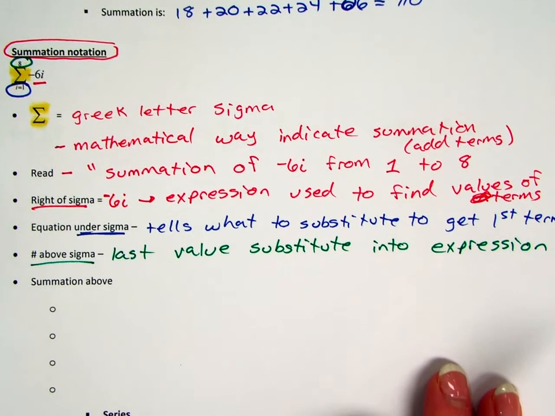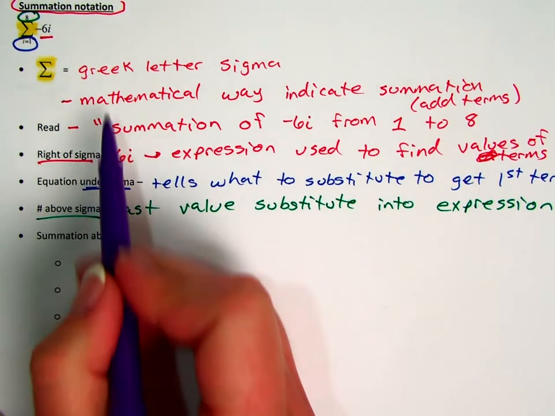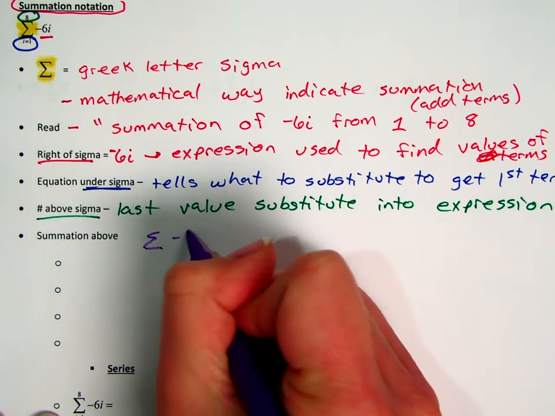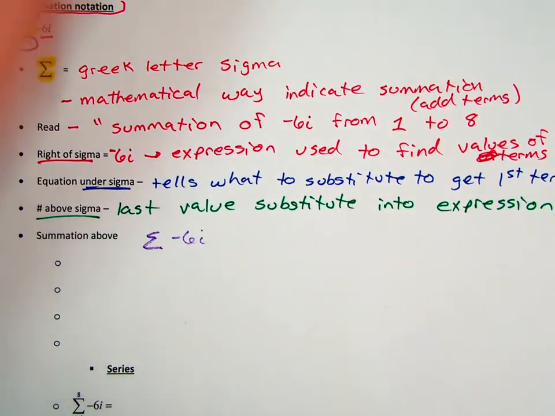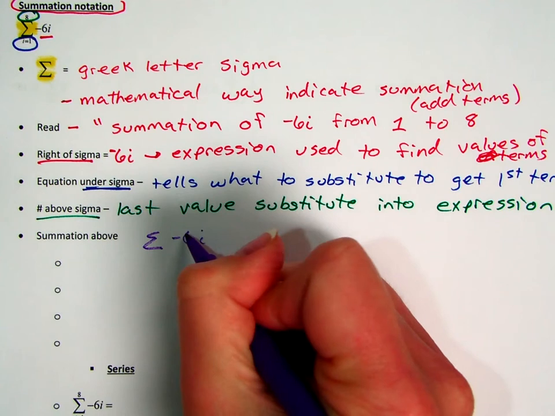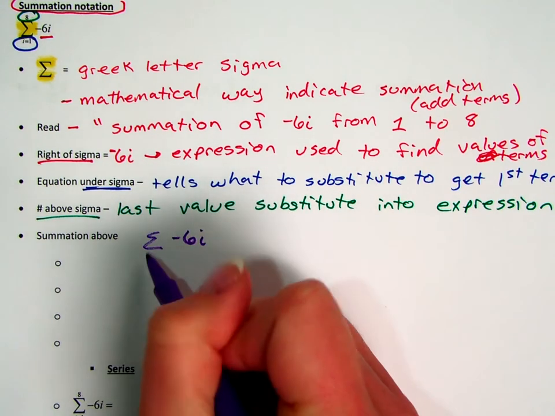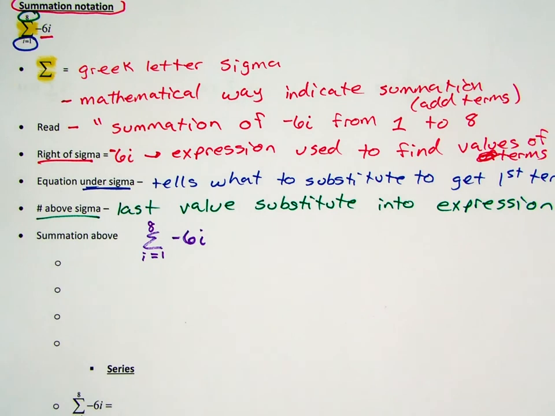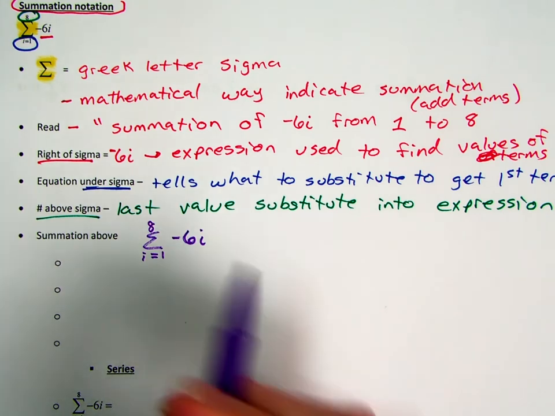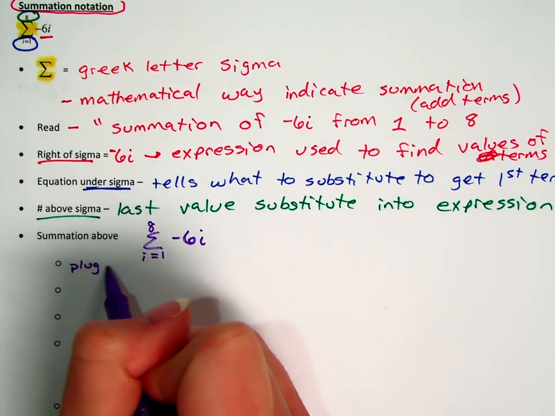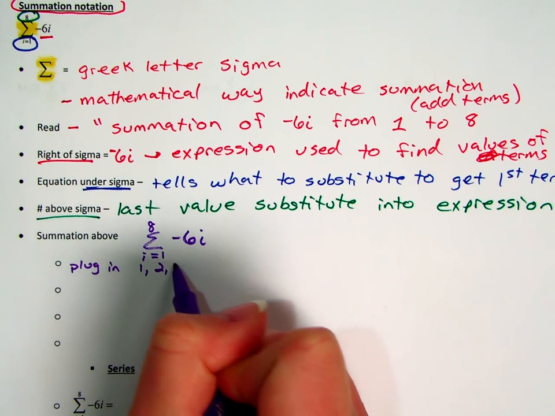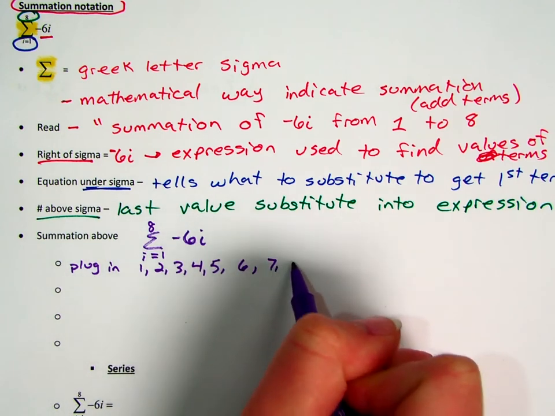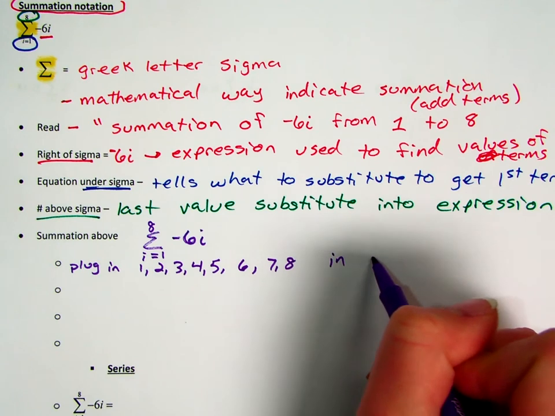All right, so when I'm looking at this summation above, which was the summation of negative 6i from i equals 1 to 8, basically we're saying plug in 1, 2, 3, 4, 5, 6, 7, and 8 into negative 6i.